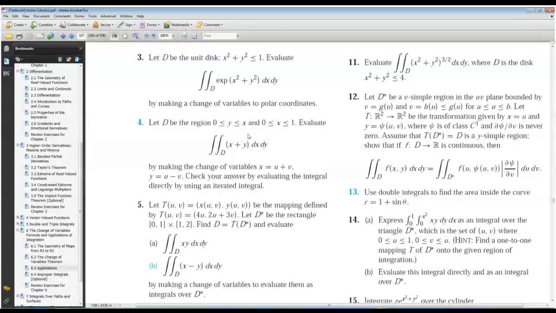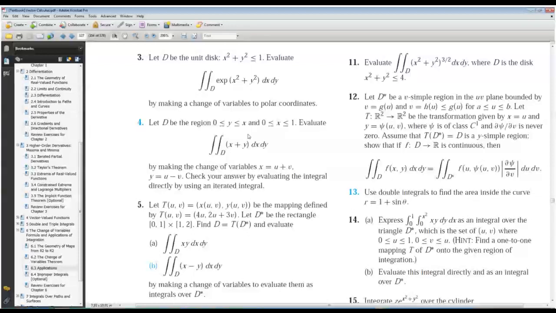You have to use that, and also these two equations, x equals u plus v, y equals u minus v, to solve for u in terms of x, y and v in terms of x, y. Once you do that, you plug in the bounds of x and the bounds of y, and you find the representation of the bounds in terms of u and v. I think I did that, but I wasn't sure if I was doing it right.